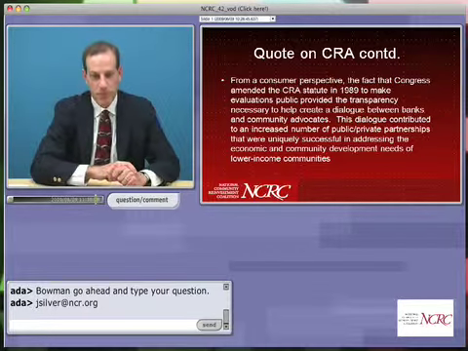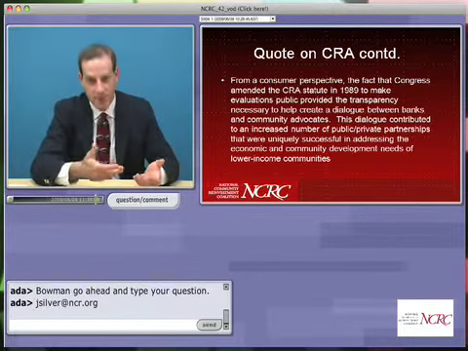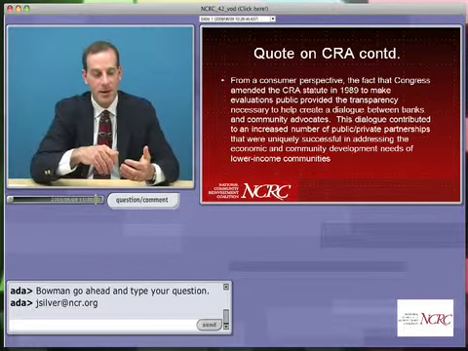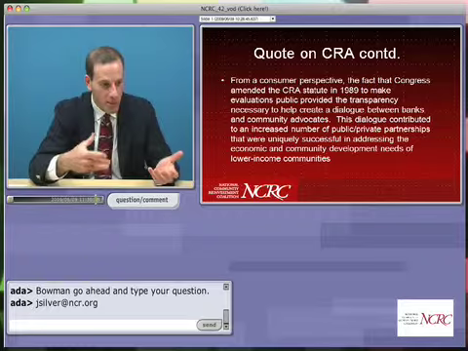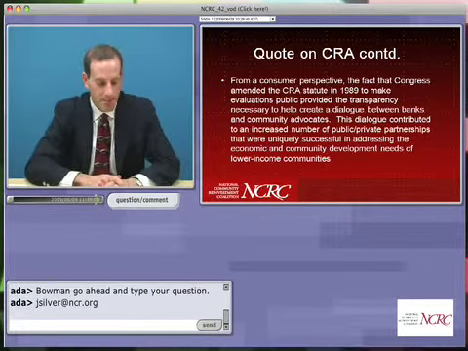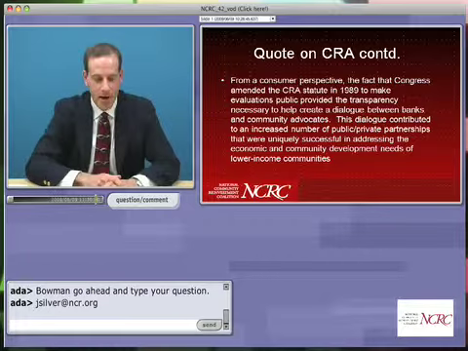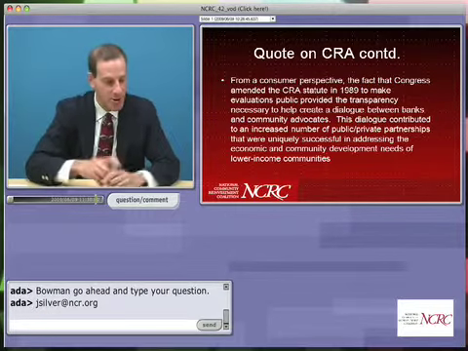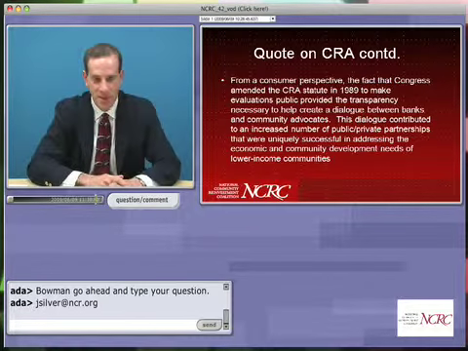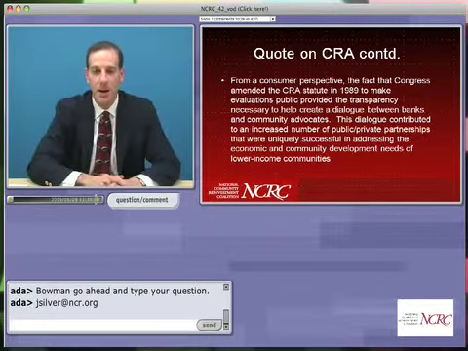The lending test is higher because historically that was what we were expecting banks to do, to make home loans and small business loans. Every once in a while there's discussion about whether we should rejigger the weight of the factors. But anyway, it's 50%, 25%, 25%.